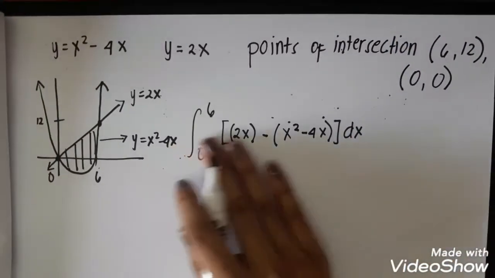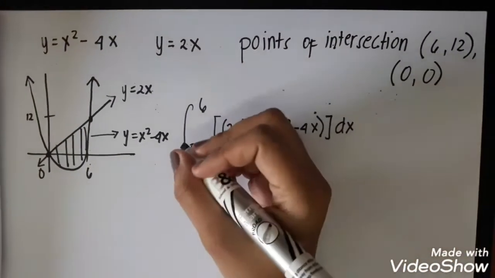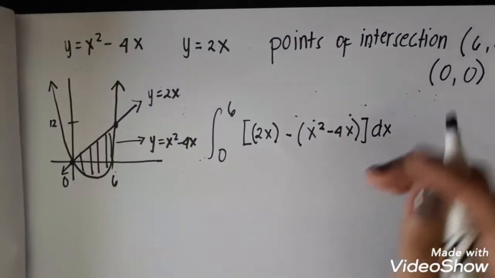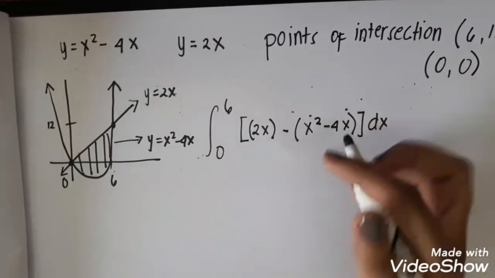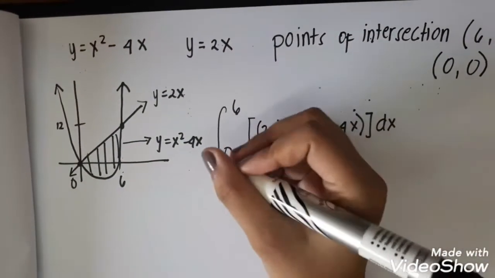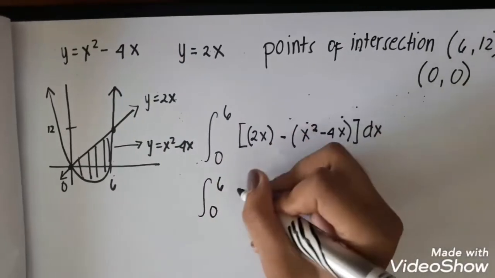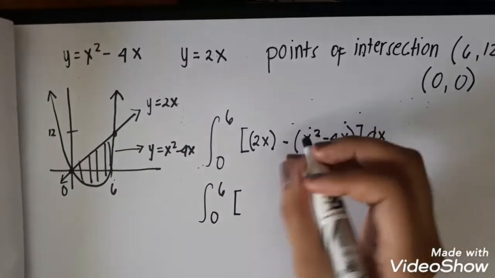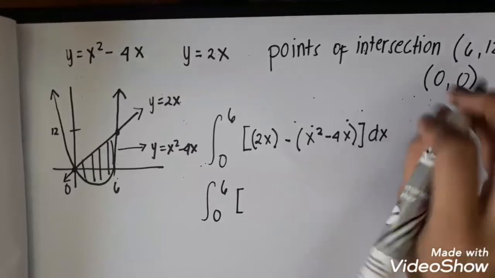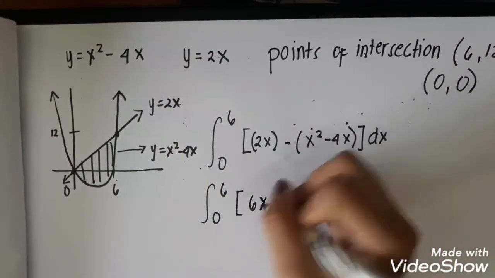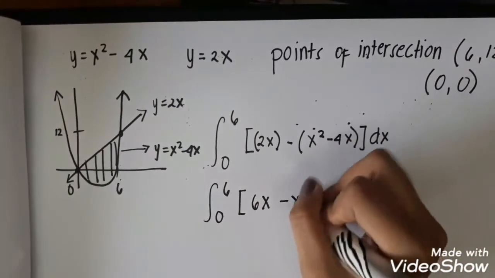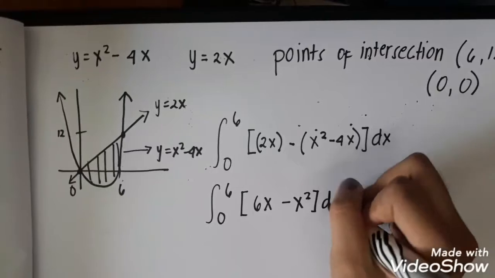So now we'll just have to simplify this equation. Because these two have the same variable, so we just are gonna add them. So 2x minus negative 4x is 6x minus x squared dx.